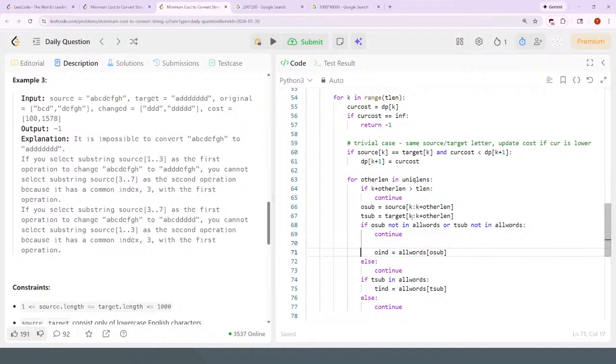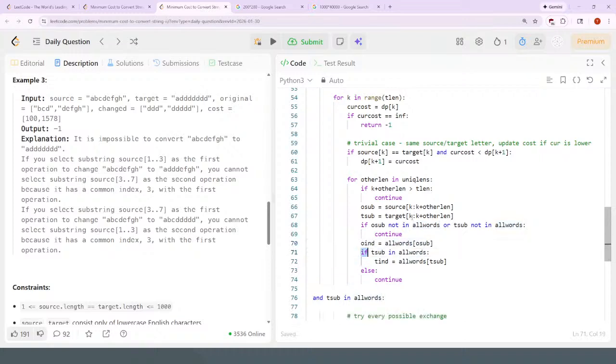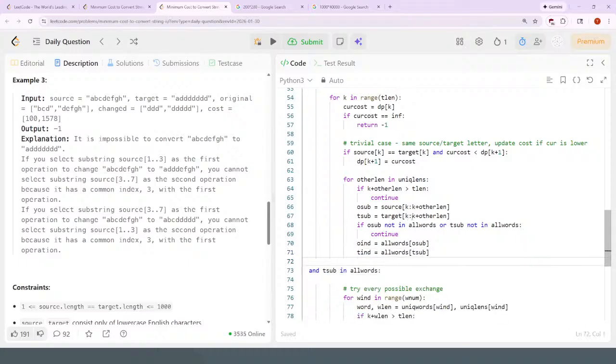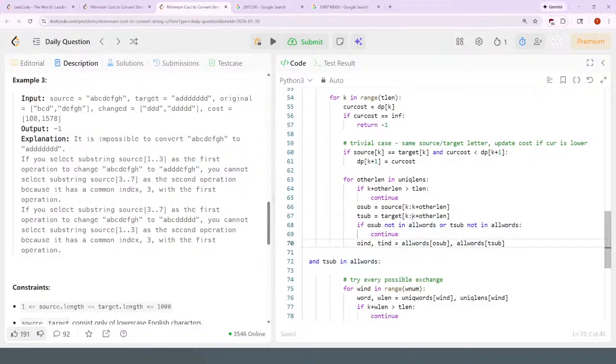Okay, O index is equal to all words at the original substring. T index is equal to all words at the target substring. I guess I could just make this into a single statement. Guess I could make it into the same thing here, right?